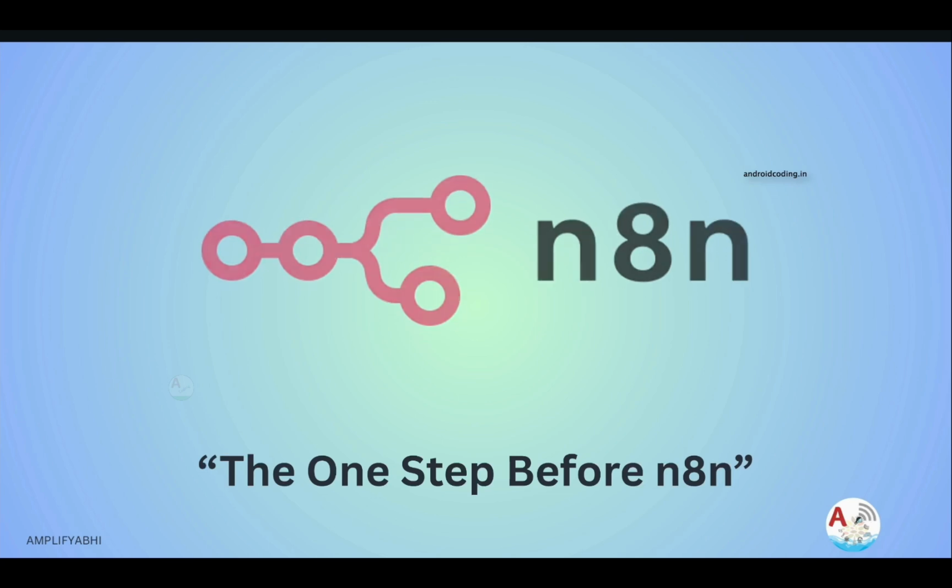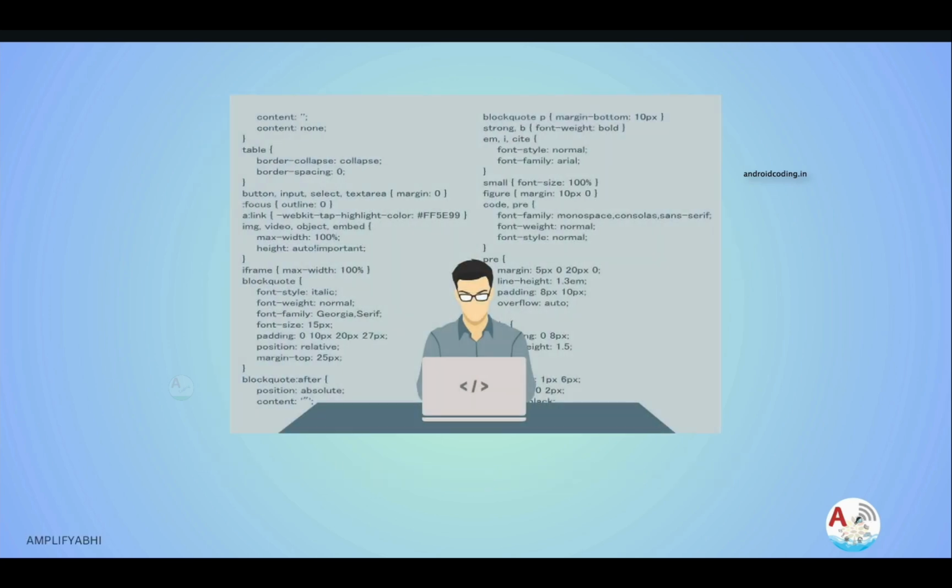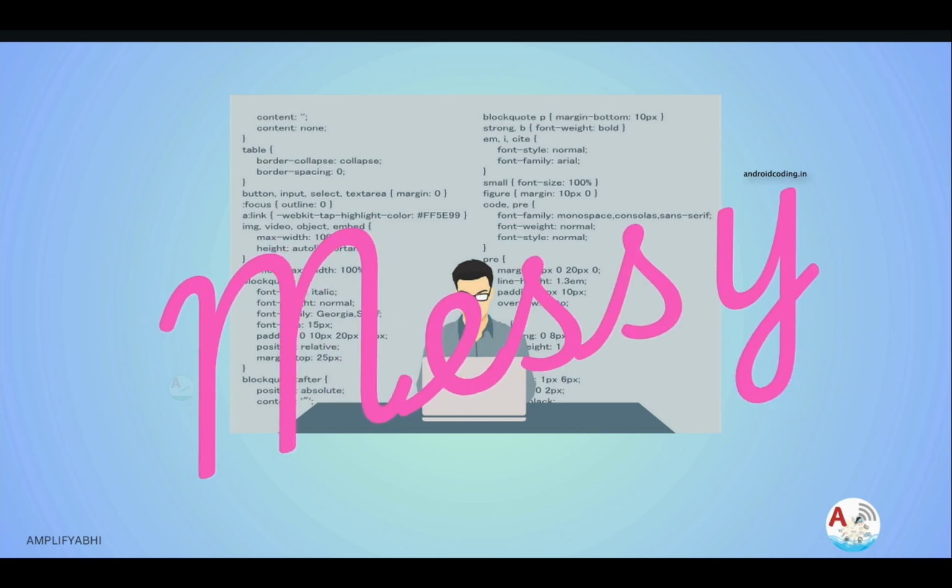That's it. The first step is that when you try to install N8N manually, it is mostly not advised for beginners, because things might turn out messy. You might not get a proper flow on how to configure N8N on your system manually.